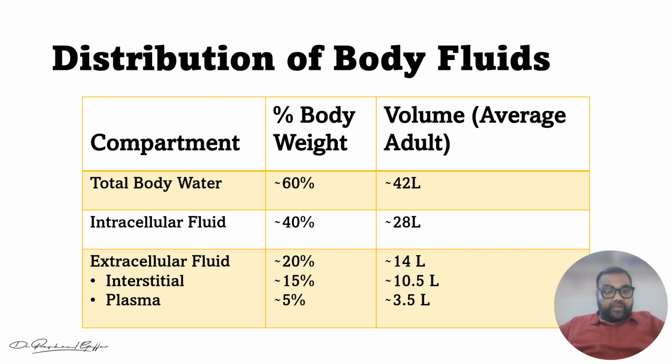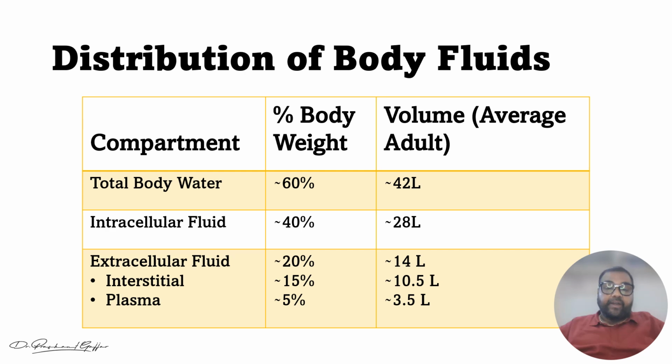So the total body water in the adult, the total body weight के 60% water है body के अंदर, और एवरेज सारा वाटर सब निकाल दी जाए तो 42 लीटर्स वाटर रहता है. सेल के अंदर का 40% है और वॉल्यूम है 28 लीटर्स इंट्रासेल्यूलर का, और एक्स्ट्रा सेल्यूलर को हम टोटल है 20% एंड द 14 लीटर, एंड एक्स्ट्रा सेल्यूलर में इंटरस्टिशियल 15% और प्लाज्मा में 5% एवरेज, and the volume interstitial 10.5 liter and the plasma 3.5 liter.